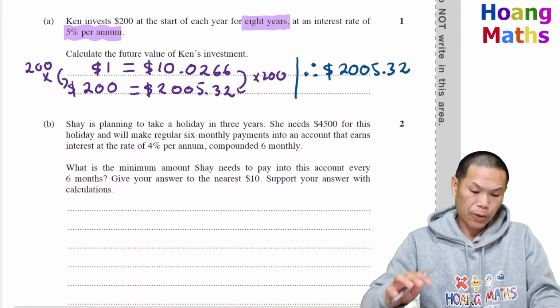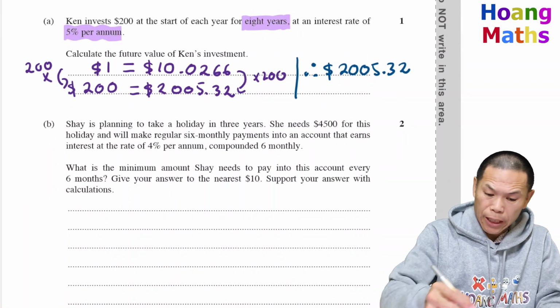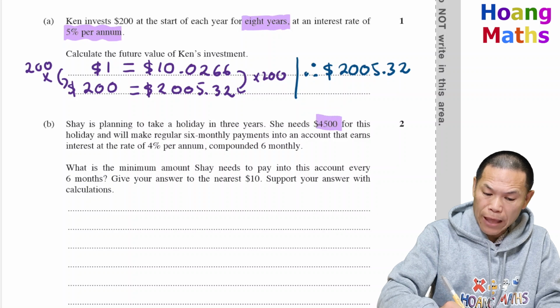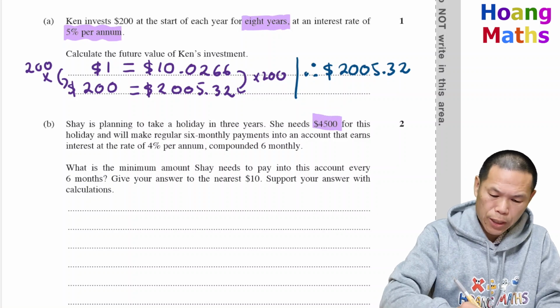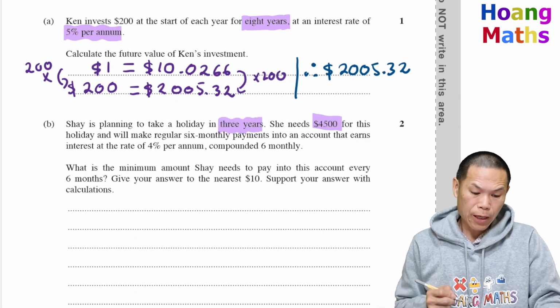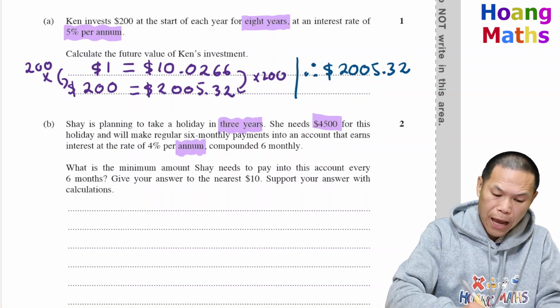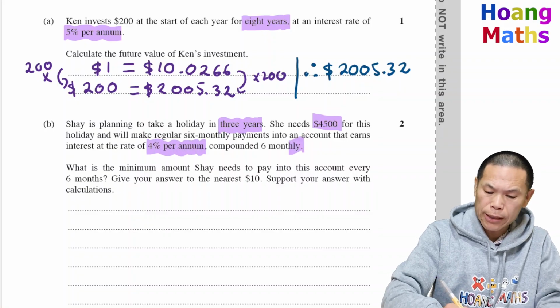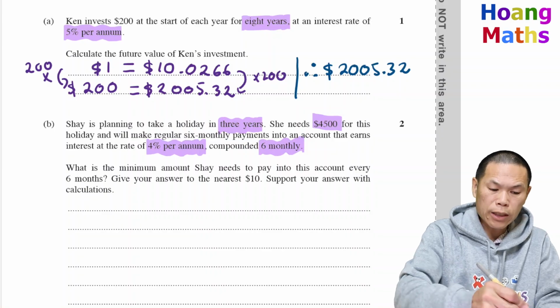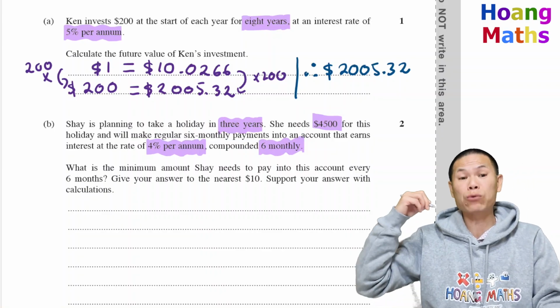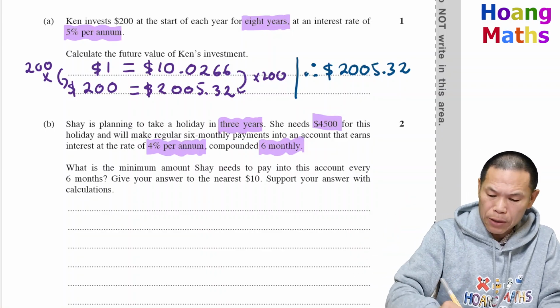Part B. We know that Shay needs $45,000 in 3 years' time. And we know that the interest rate is 4% per annum and compounded 6 monthly. In other words, 1 year is compounded twice. So R, let me write it down here.